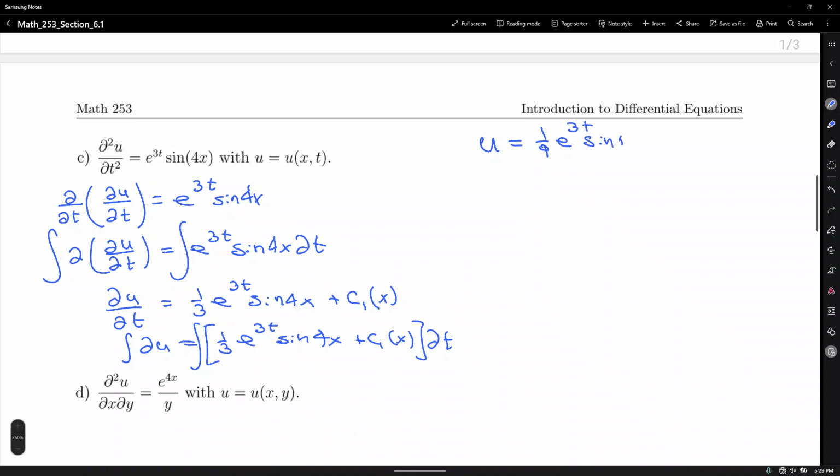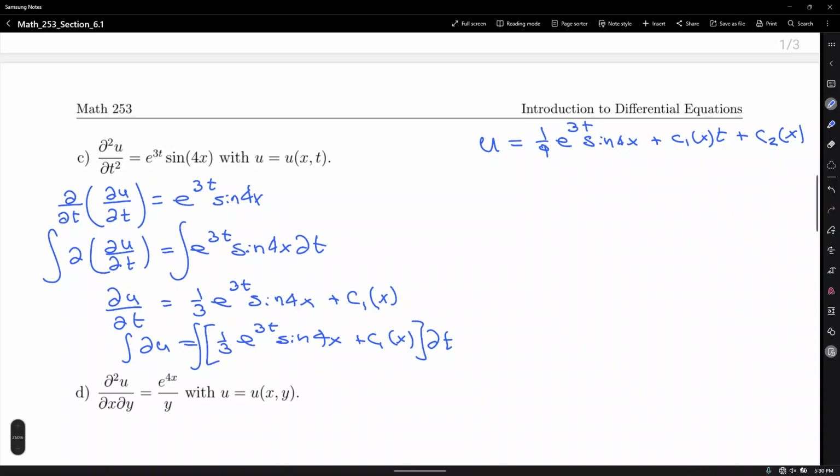Same sine for x. However, be careful because this constant is still a constant with respect to t. So the integral of a constant is the constant times the variable, which I'm going to write like, okay, let me call it c1 of x times t plus c2 of x.